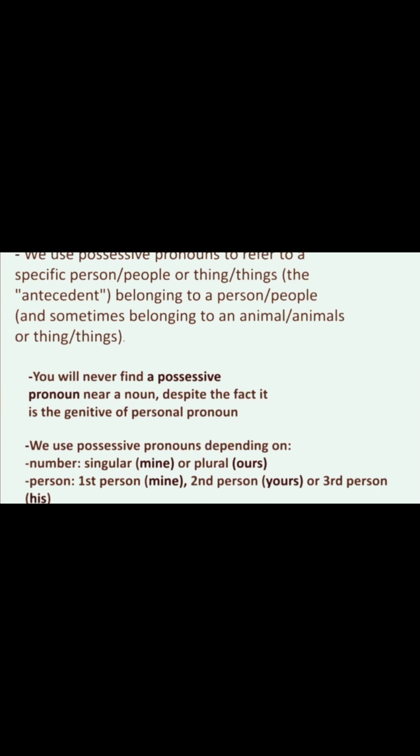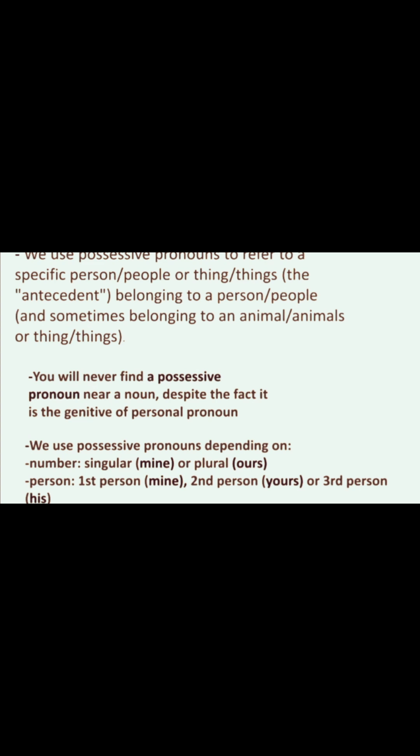So let's talk about possessive pronouns. We use possessive pronouns to refer to a specific person, thing, belonging to a person or people, and sometimes belonging to an animal or things.